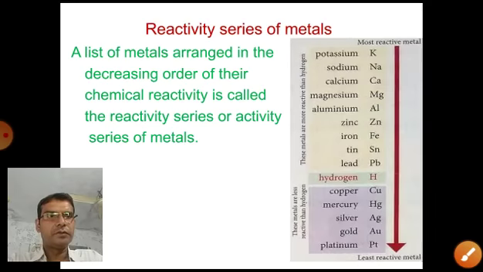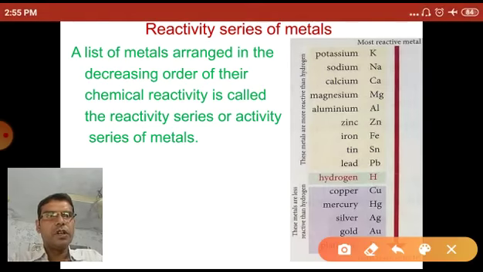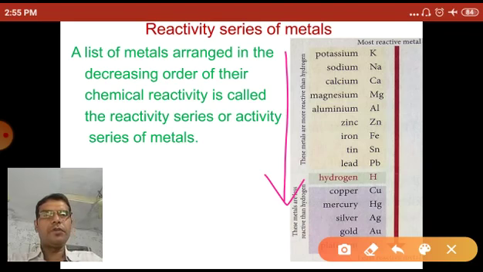Let's see the diagram. Now this is an activity series. In this activity series, the metals are arranged according to their decreasing order of reactivity. So when you move from potassium to gold, their activity decreases.